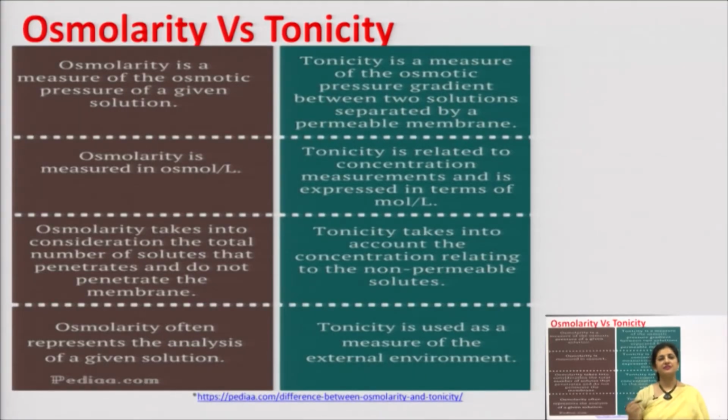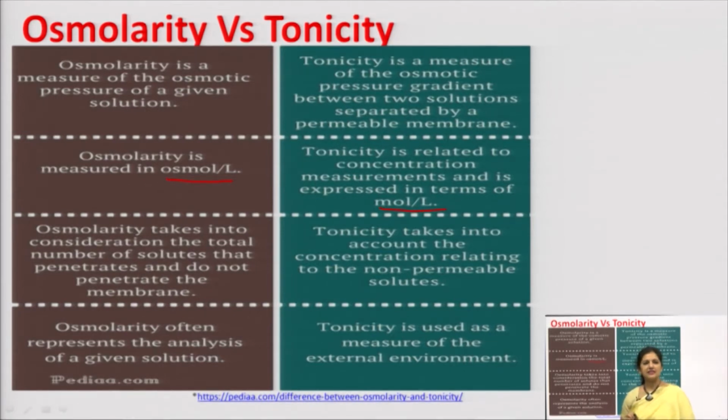Let us move to the differences between osmolarity and tonicity, which will make your concepts clear. Osmolarity is a measure of the osmotic pressure of a given solution. On the other hand, tonicity is a measure of the osmotic pressure gradient between two solutions separated by a permeable membrane. Osmolarity has a unit of osmoles per liter, and tonicity is measured in moles per liter.